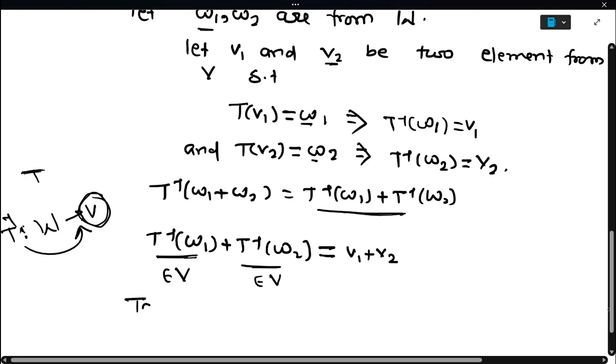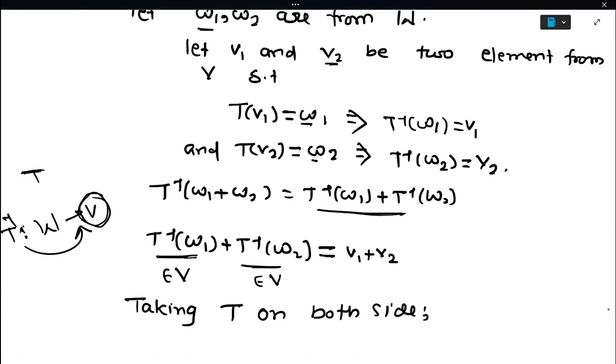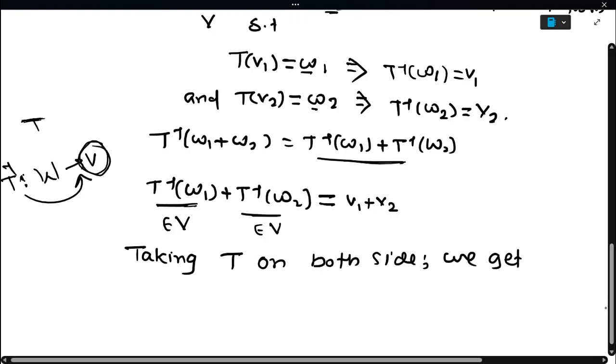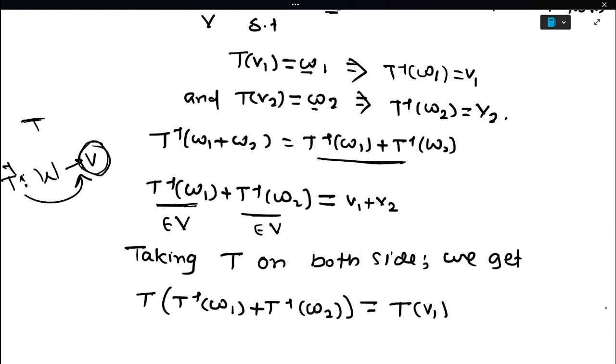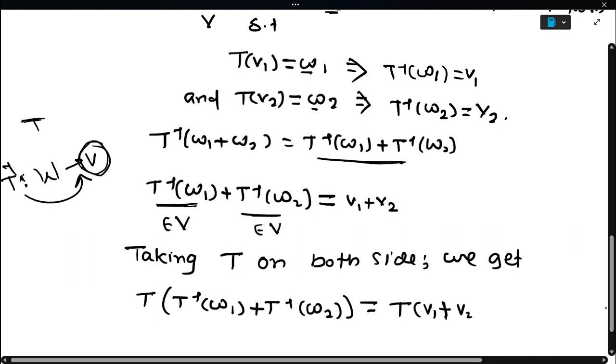Okay, so taking T on both sides, we get T of (T inverse of W1 plus T inverse of W2) equal to T of (V1 plus V2).